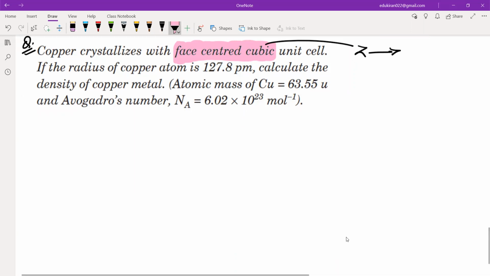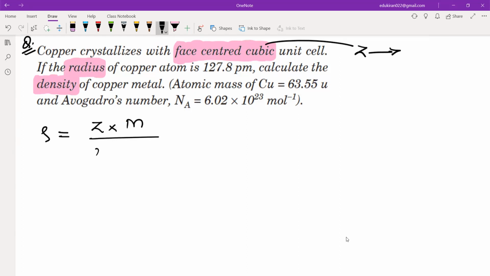Then they are saying the radius of copper, so they are giving the radius. Please, this is very important. They are giving the radius, not the edge length. We need the edge length for the density. Calculate the density of copper. They have given the atomic mass and Avogadro's number. So density is equal to Z into the molar mass upon a cube into Na.